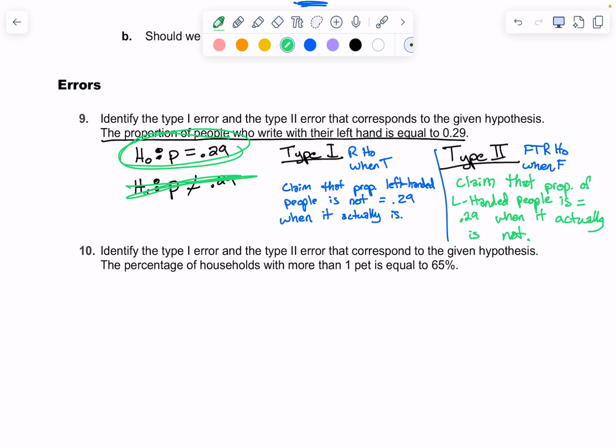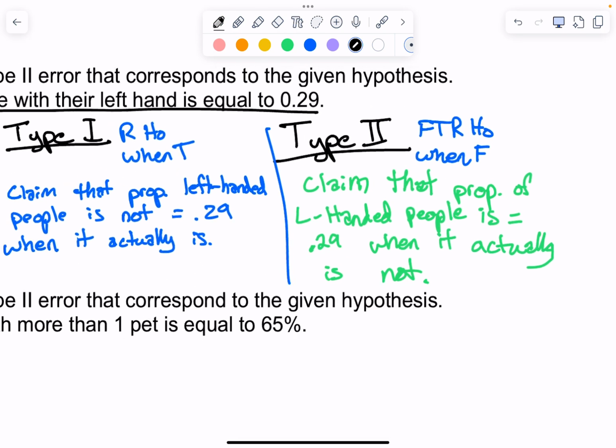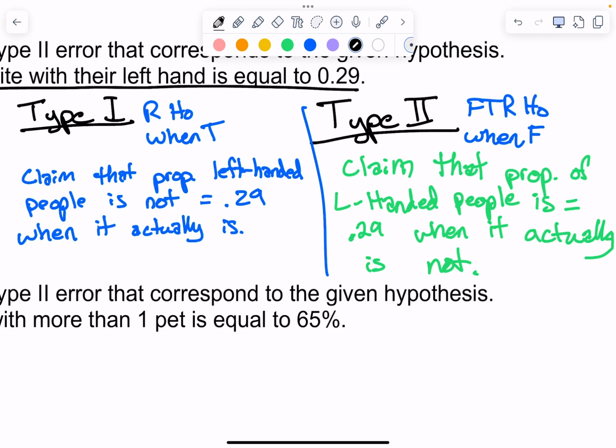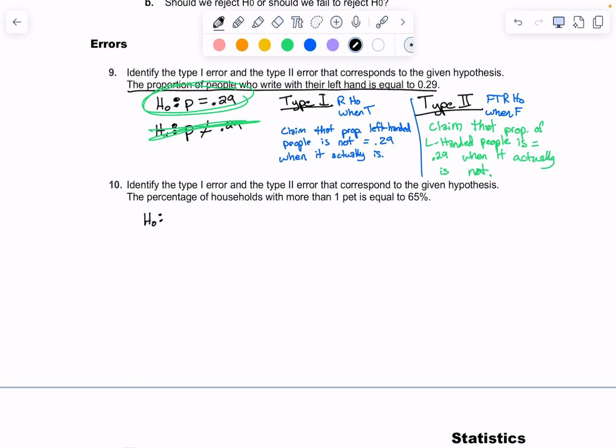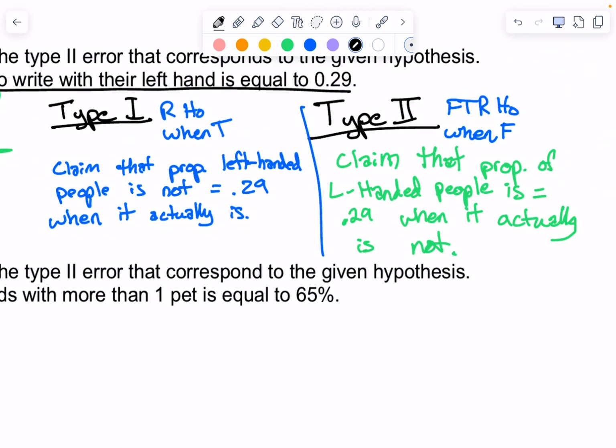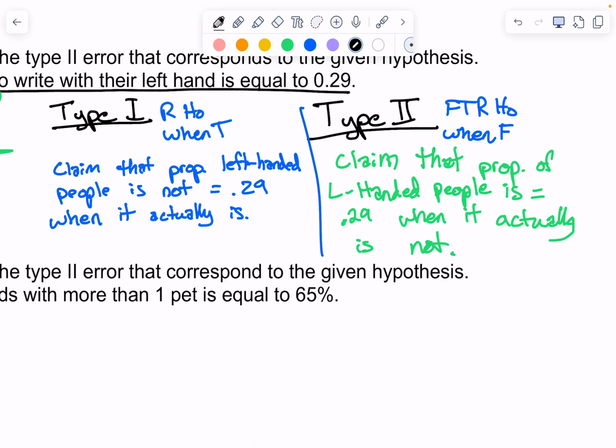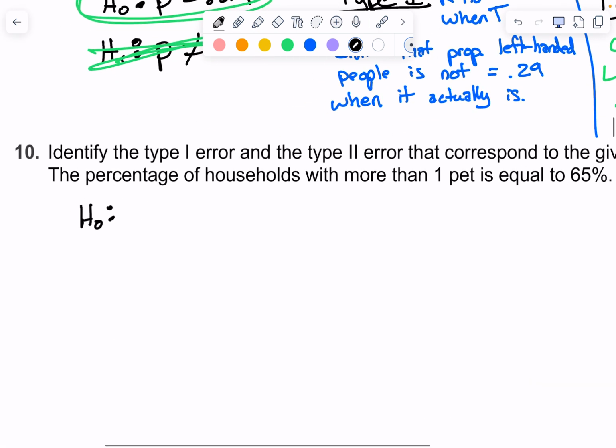Okay, all right, number 10. Okay, H1. I'm reading the second paragraph.